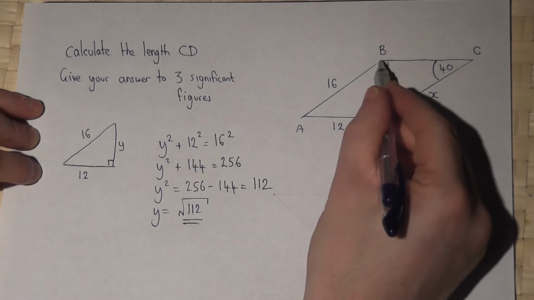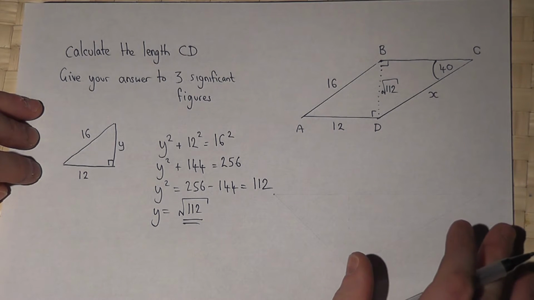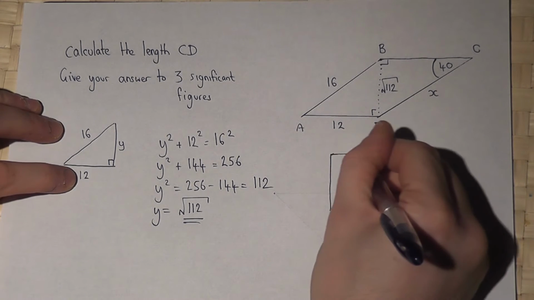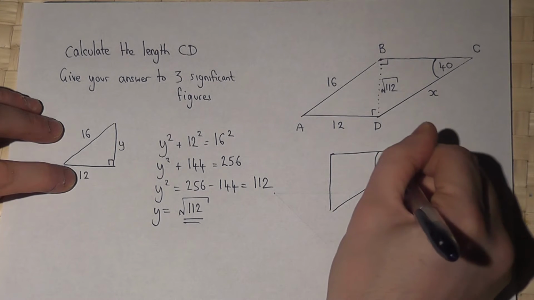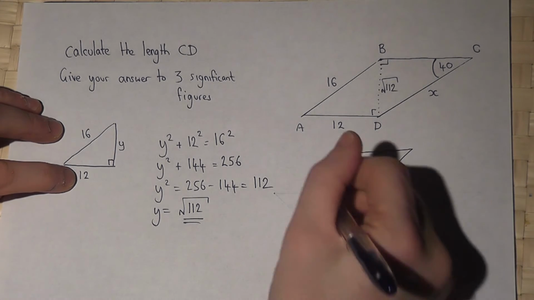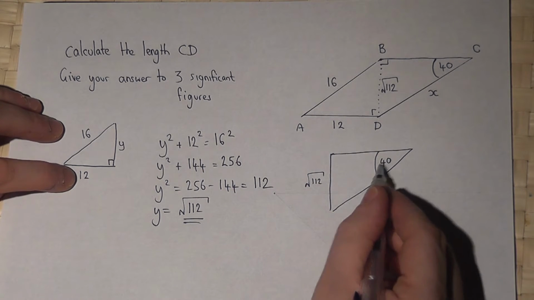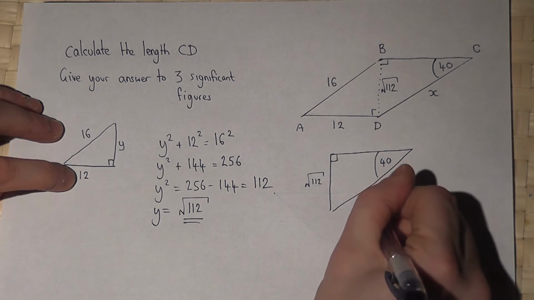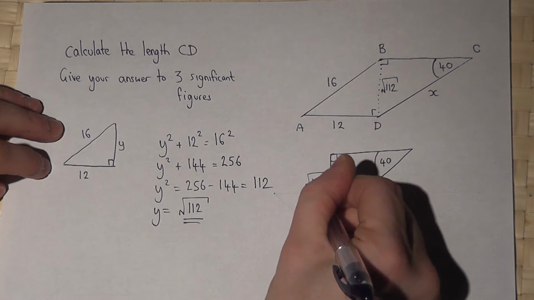So if I now sketch out this triangle here, let's see what we've got. Angle of 40, x is unknown, that's root of 112. Now then, here's an angle, here's a right angle. X is the hypotenuse, and root 112 is the opposite.